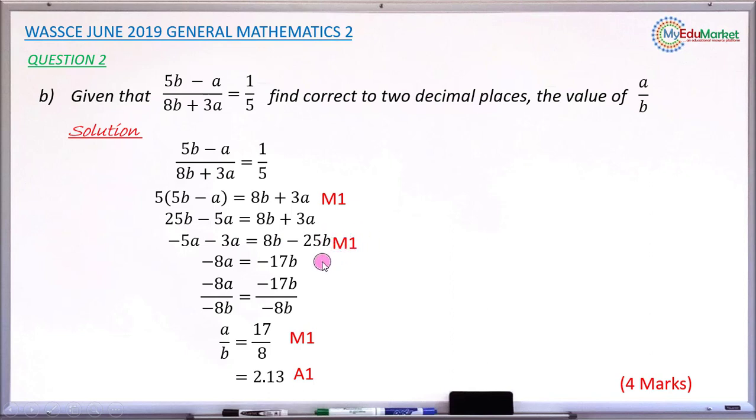The next mark is for the attempt to get a/b, where you divided both sides by −8b. You have this method 1 mark. And when you have the value of a/b exactly rounded to 2 decimal places, and you have 2.13 as your answer, you have this accuracy 1 mark. So in total, this question number 2b has 4 marks.